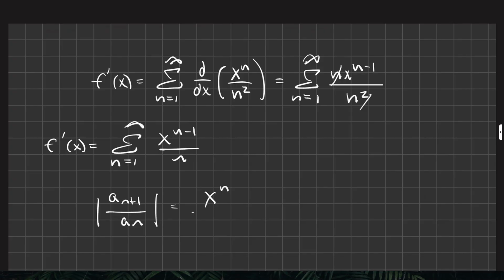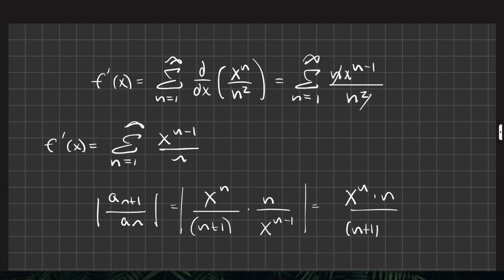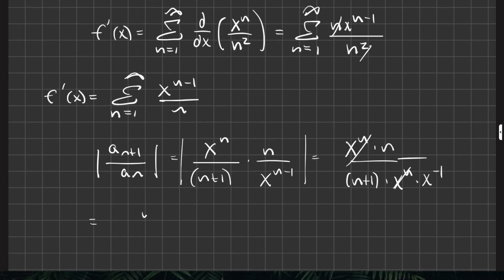So n over n plus 1 times the reciprocal, which will be n times x to the n minus 1. This will be x to the n times n over n plus 1 times x to the minus 1.